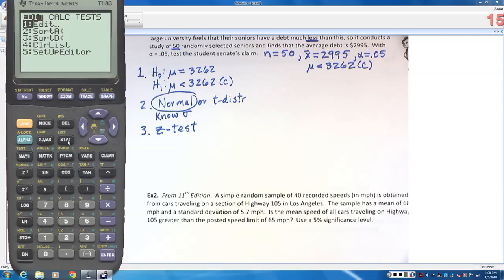Okay, stat, tests, and these are all the ones I told you to skip last time. Okay, z-test. So the chapter 7 stuff were all down here, z-interval, they ended in interval. There's a z-test. We have statistics, we don't have a list of data, so we just use statistics.